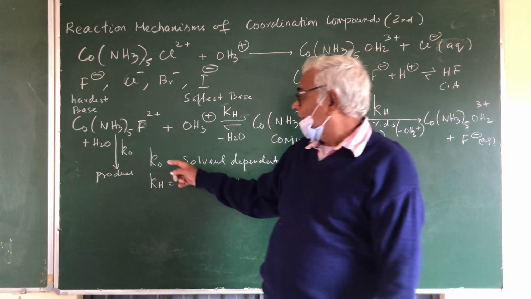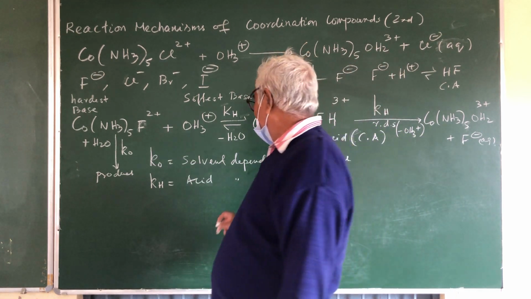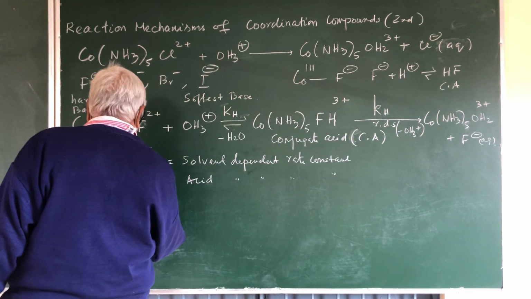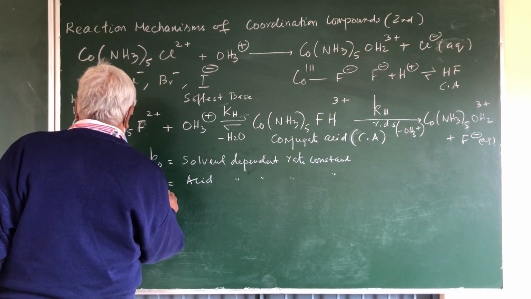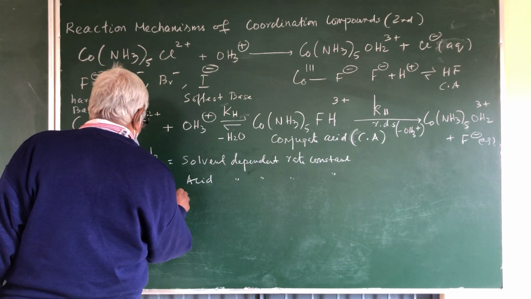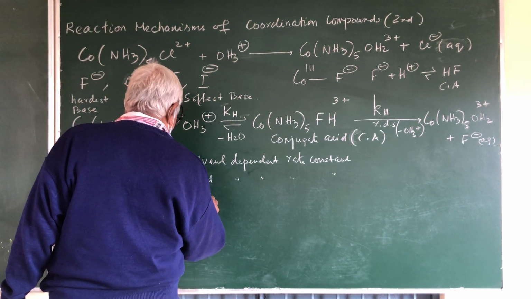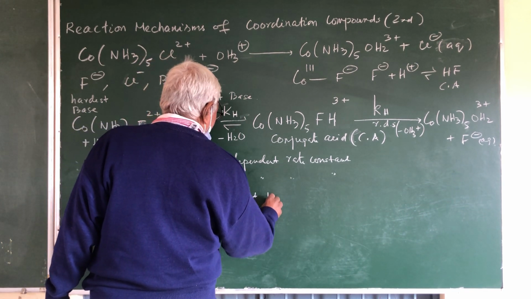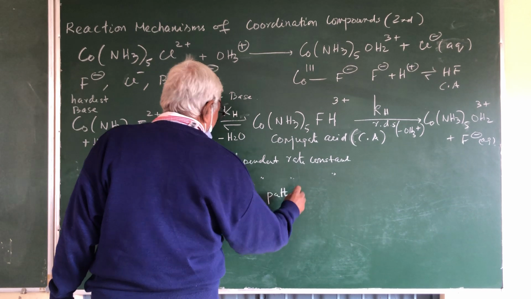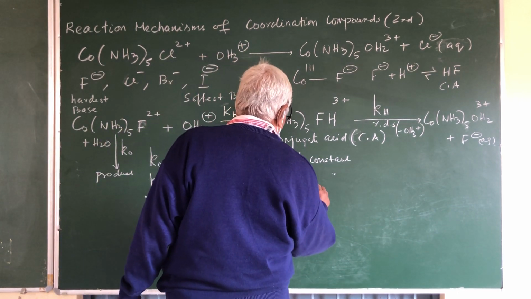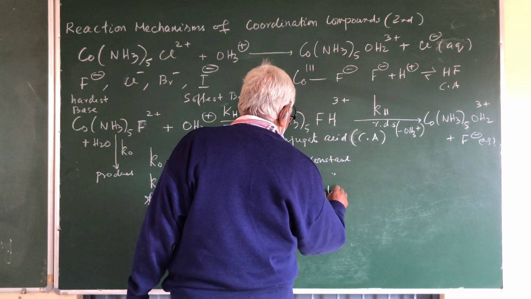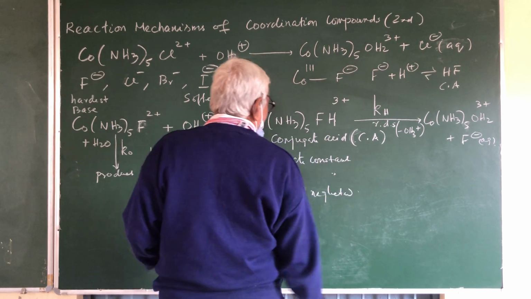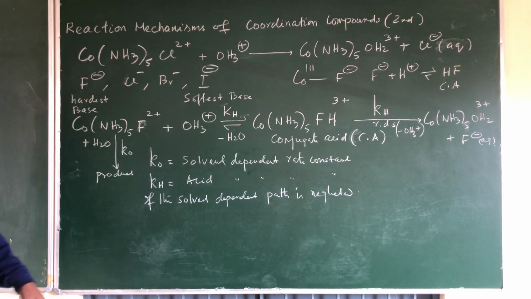But if this K0 path is negligible, if the solvent dependent path is neglected, then the mechanism becomes simplified.